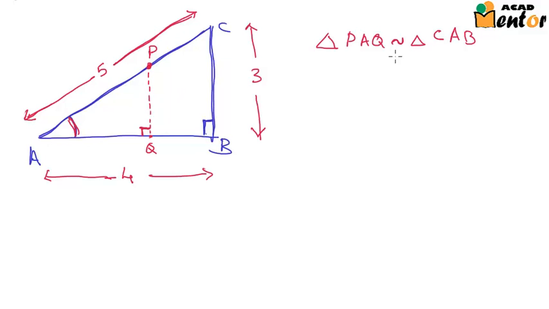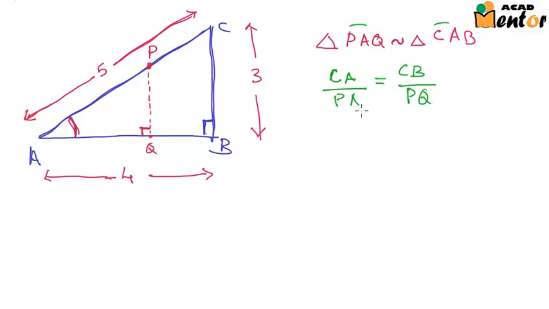Once we know that these two triangles are similar, the ratio of their sides, let's first say CB for this triangle. So CB, the corresponding side for the smaller triangle PAQ would be PQ, will be equal to, let's take the hypotenuse for now, so that would be AC or CA, and the corresponding side would be PA.